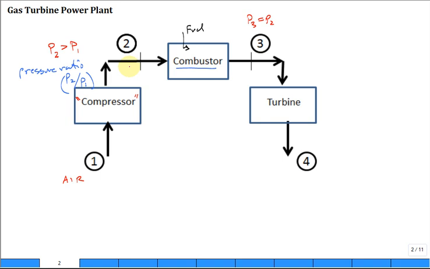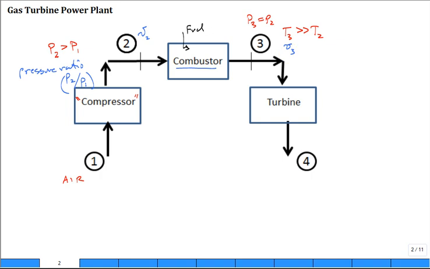Now, think about this for a minute. What about the temperature at 3 compared to the temperature at 2? It's much greater than the temperature at 2, okay? So temperature at 3 is much greater than the temperature at 2. Now here's something. What about the volume occupied by 1 kilogram of air at 2 compared to the volume occupied by 1 kilogram of air at 3?